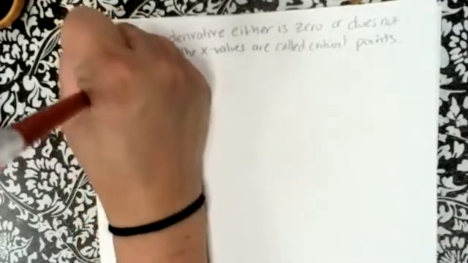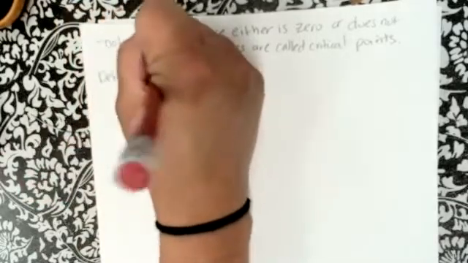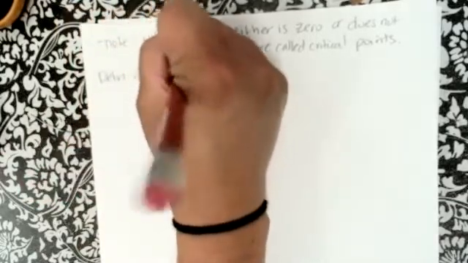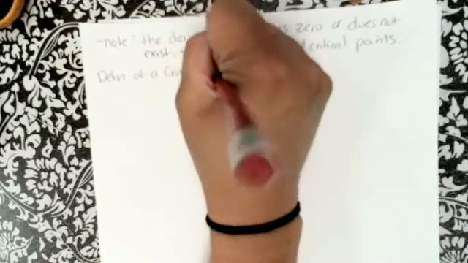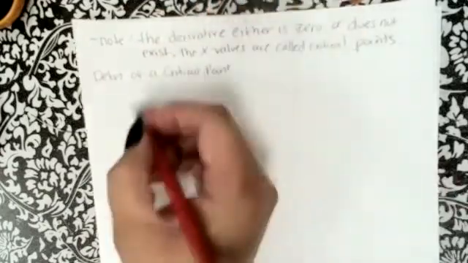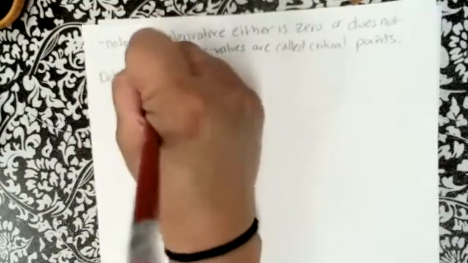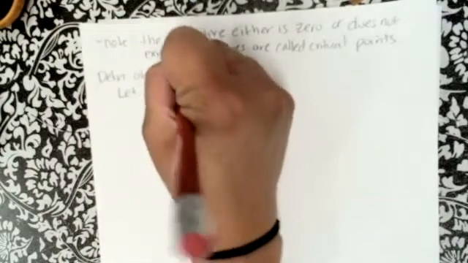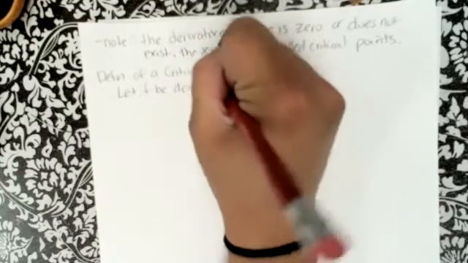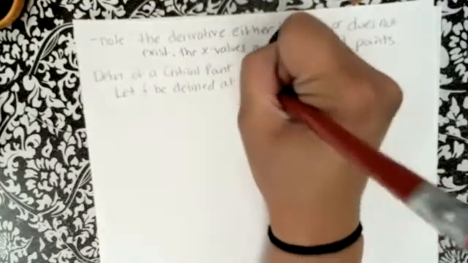Now, this is the definition of a critical point. We're going to let f be defined at c.